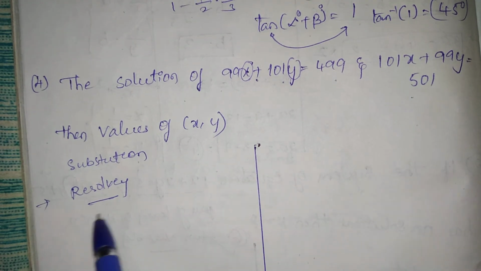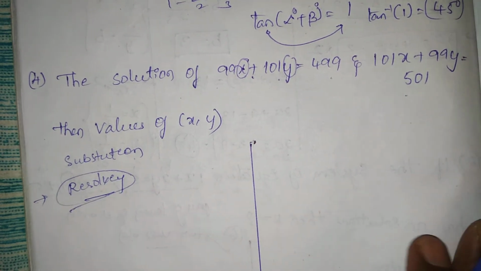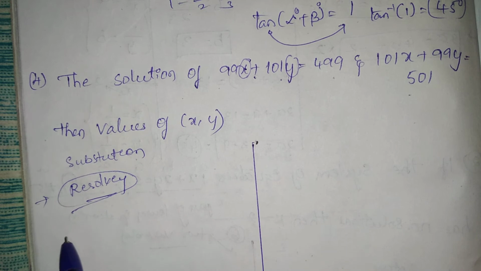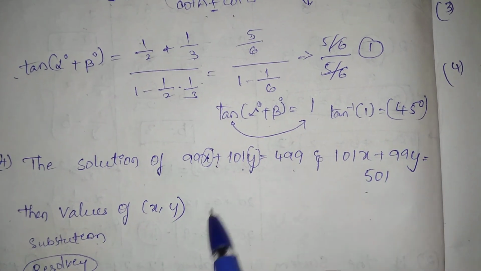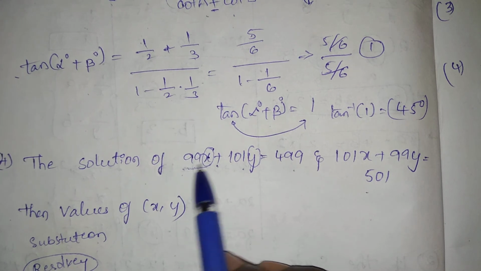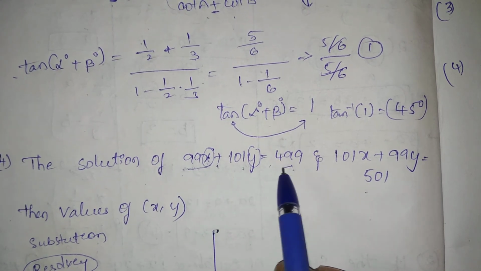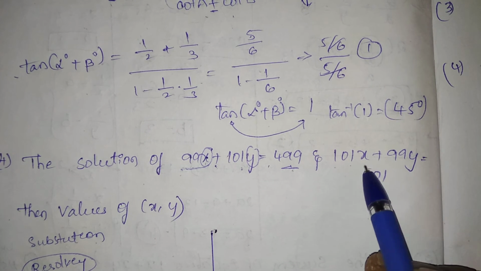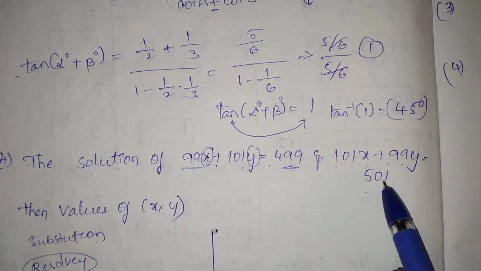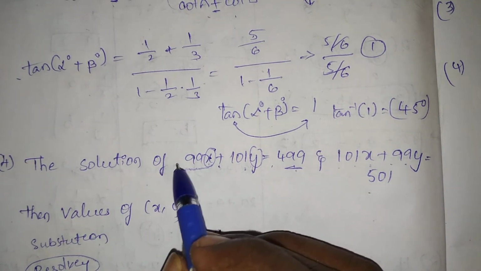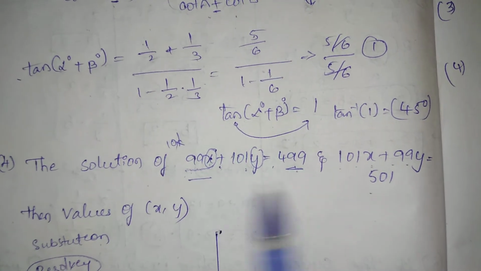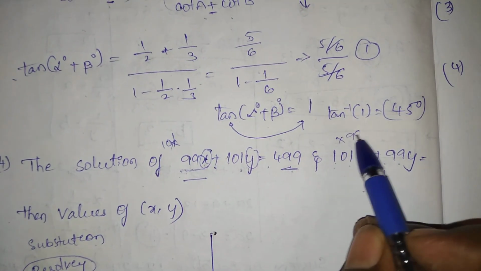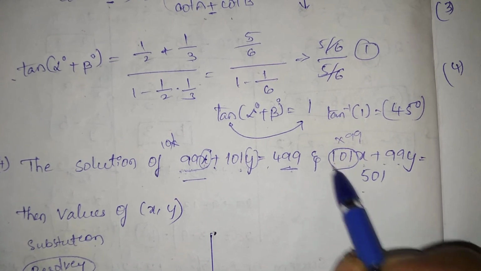Now we are going for the resolving method. The equations are 99x plus 101y is equal to 499 and 101x plus 99y is equal to 501. If we multiply equation 1 with 101 and equation 2 with 99, we get the same coefficient of x.